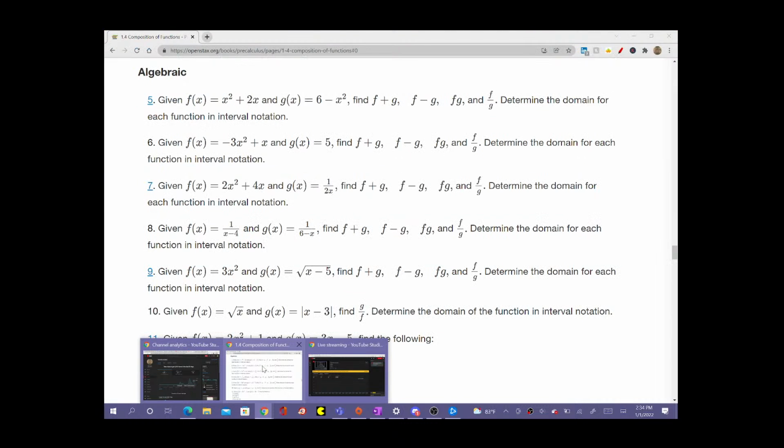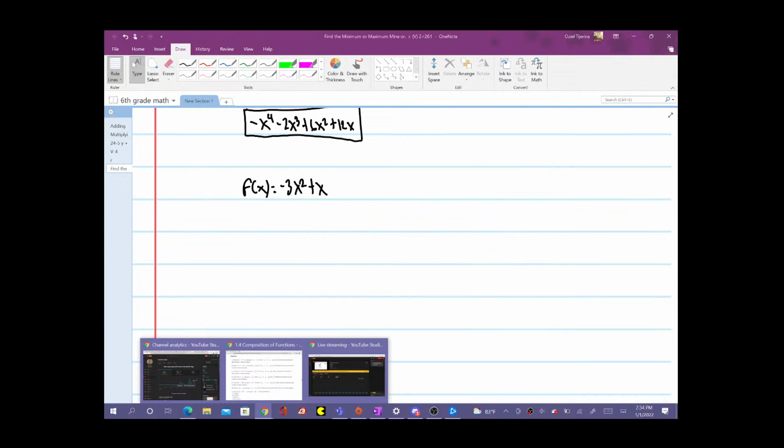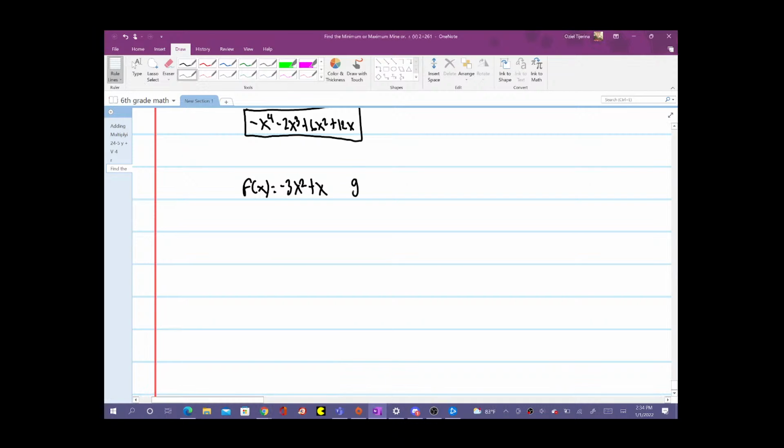Oh, this is for number 6, by the way. So f of x equals negative 3x squared plus x, and g of x equals 5. They want us to find f plus g of x, f minus g of x, and then f g of x, and f over g of x.